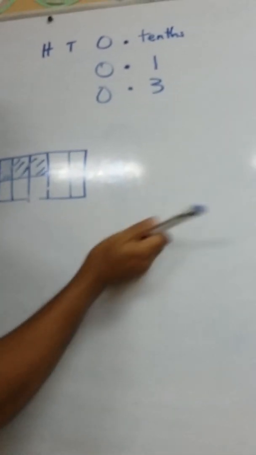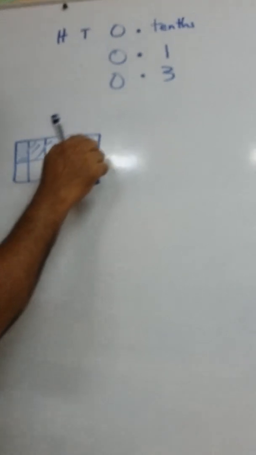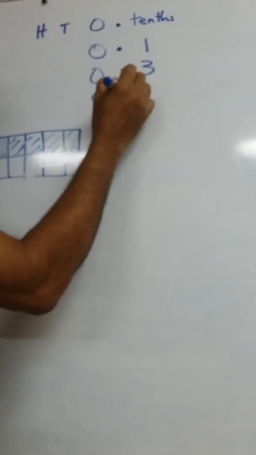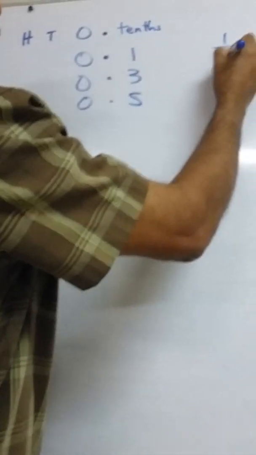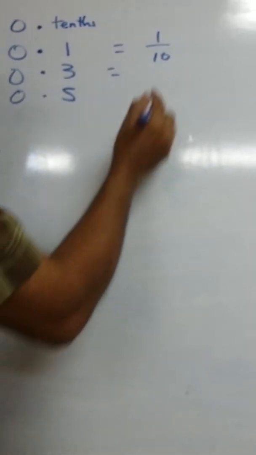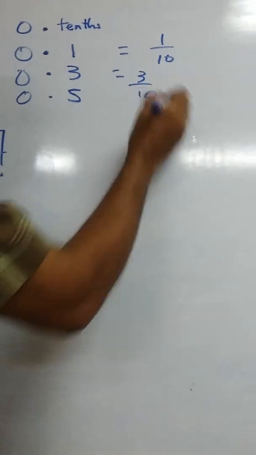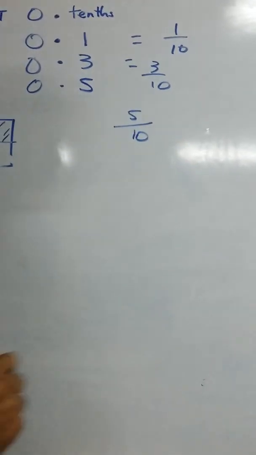And again, if I may go on, suppose I had, what's that? 1, 2, 3, 4, 5, 5/10. 0.5. So look at this. What is 0.1? 1/10. What is 0.3? 0.3 is 3/10. What is 0.5? 0.5 is 5/10.